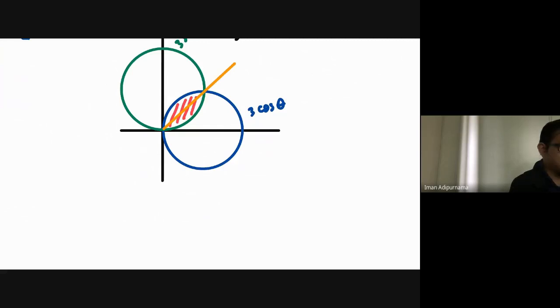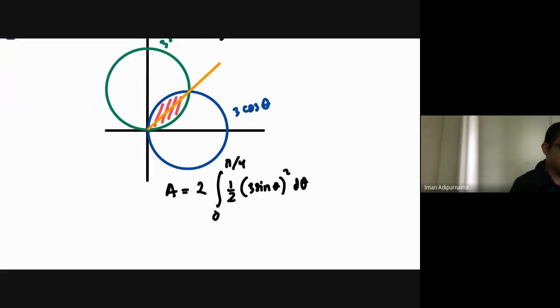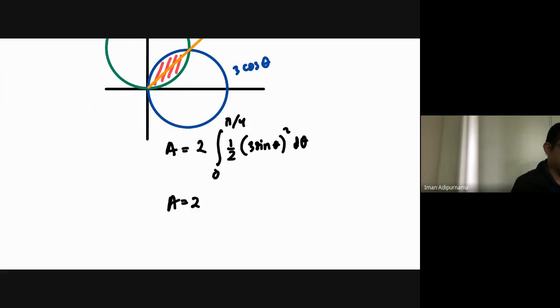So you can use, for example, 2 times the integral of half, 3 sine theta squared d theta, or you can use also from pi over 4 to pi over 2, half, 3 cos theta, squared.